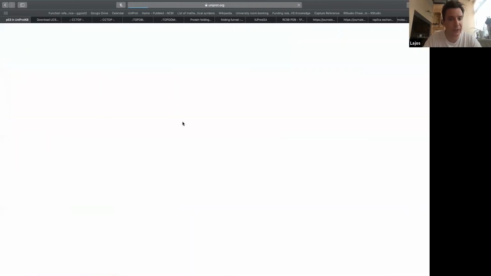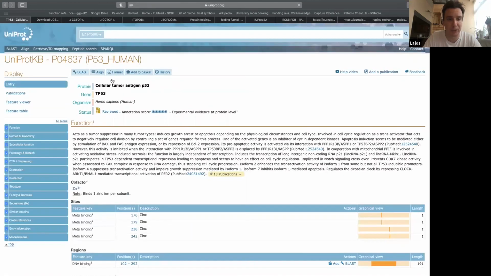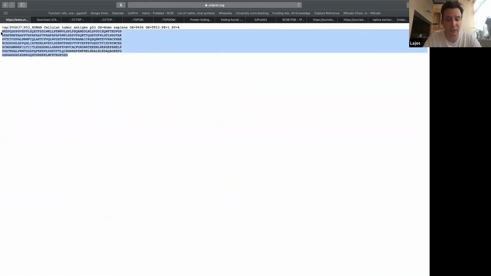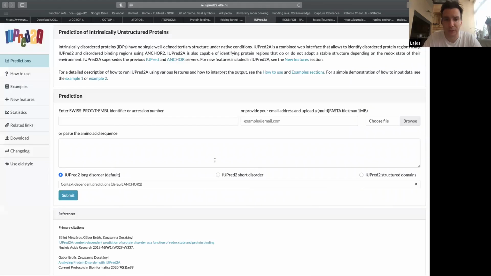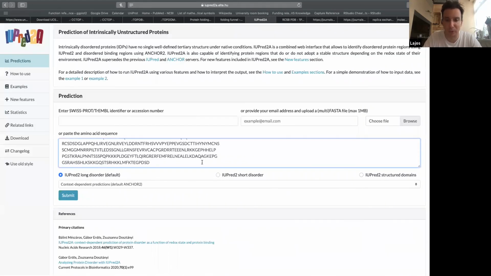It's here, TP53, and I just copy the sequence and put it here. When I spoke about long and short disorder, here you can choose short disorder.